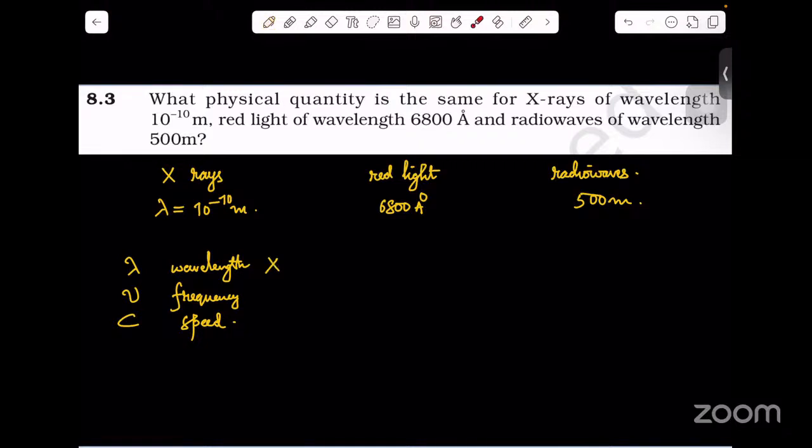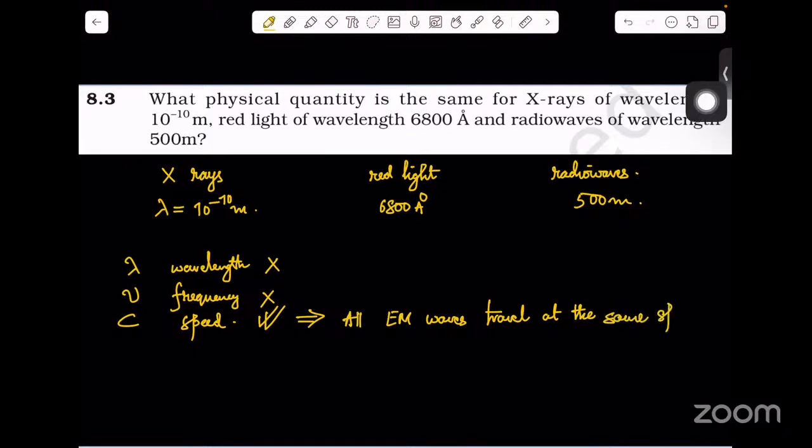Now, frequency: X-rays, red light, and radio waves fall at different points in the electromagnetic spectrum, and they all have different energies, hence frequencies, so this is also not the same. What we are left with is C, the speed. And yes, we know that all electromagnetic waves travel at the same speed.